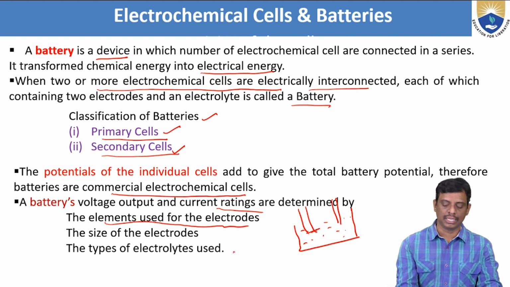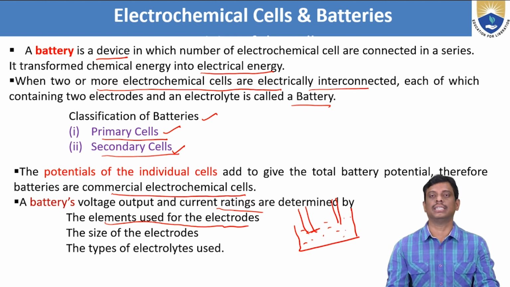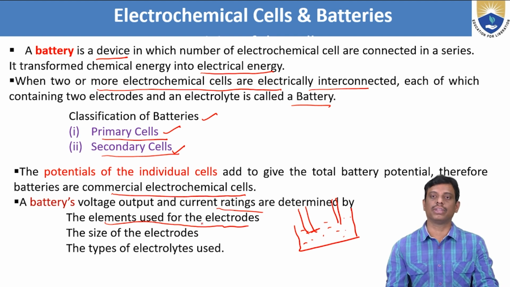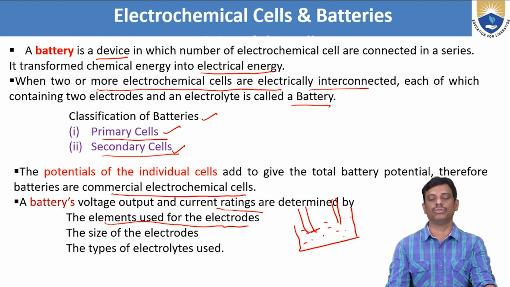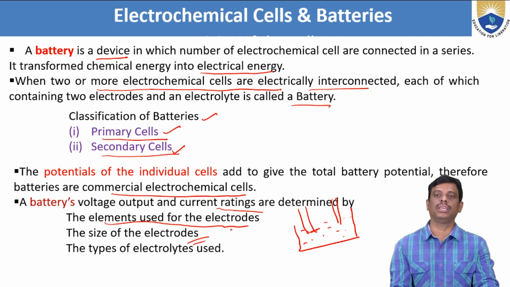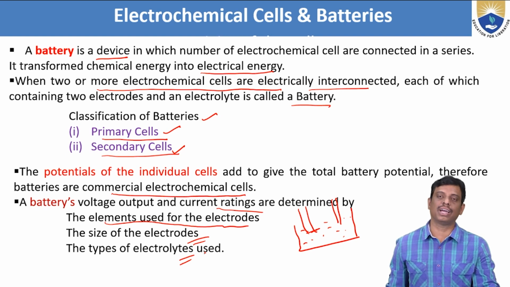So these are the causes of the developed potential, that is, how much voltage is generated in the battery. The elements used in the electrode, the size of the electrode, and the type of electrolyte are the important factors that determine the output potential of the battery.